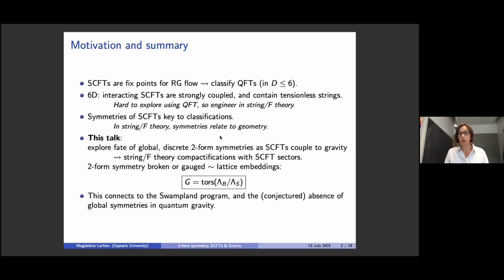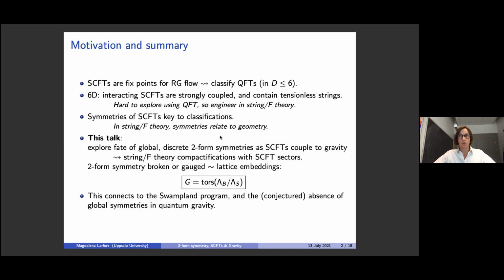Later in the talk, I will tell you what that means. What I will argue happens is that the two-form symmetry that is present in the superconformal field theories has to be broken or gauged as we couple this to gravity.